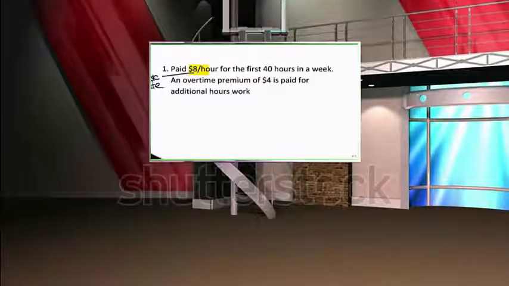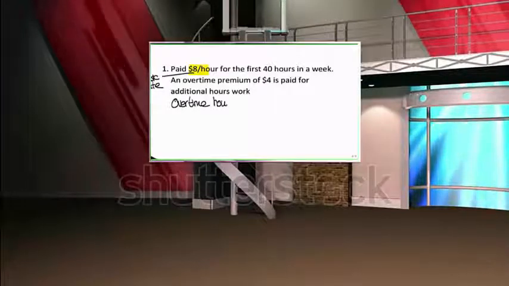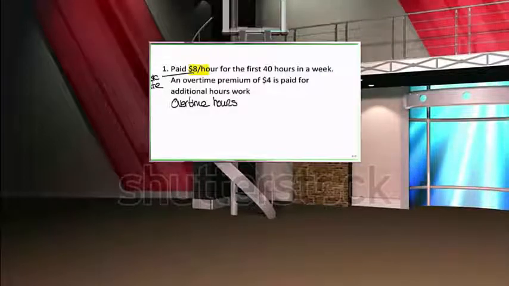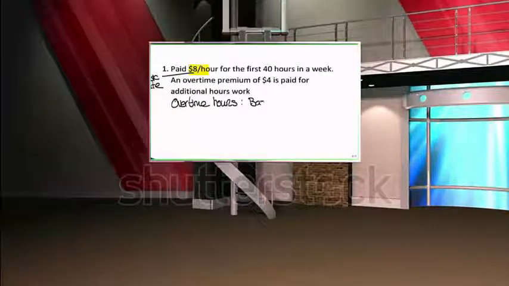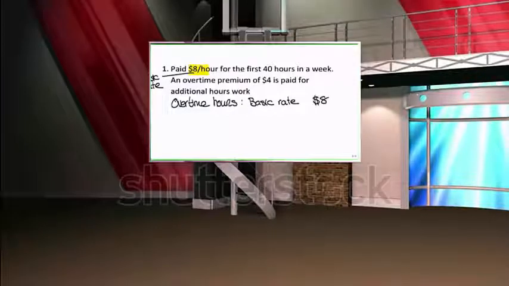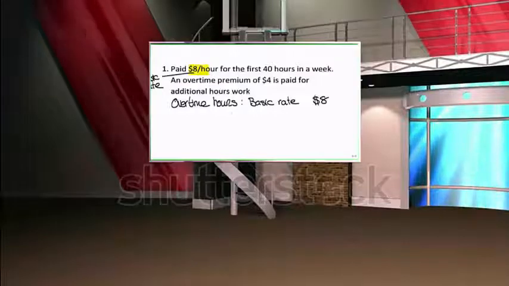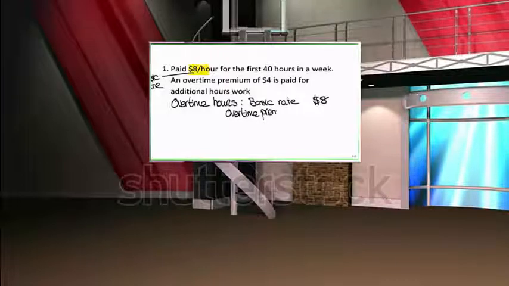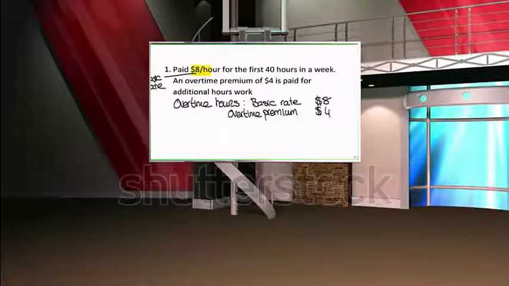If they go above 40 hours, so for overtime hours, there will be two components to the rate they get paid. For their overtime hours, they will still get the basic rate of $8, but in addition to their basic rate of $8, they will get their overtime premium of $4.